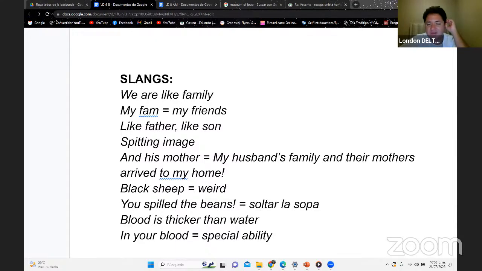Ok, ¿alguien más nos va a decir qué tienen en la sangre? Okay, very well.